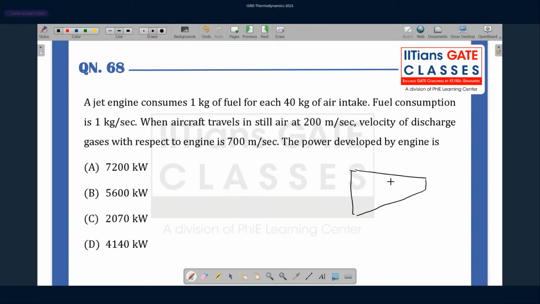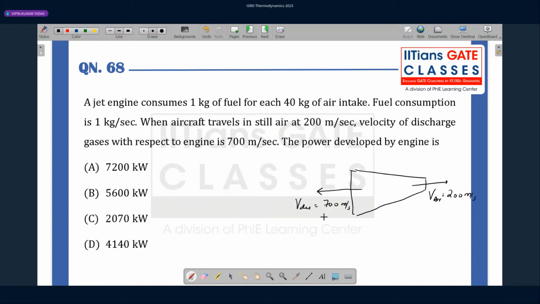This aircraft is traveling at a velocity of 200 meter per second. The velocity of discharge gases, basically the outside gases that are going out, is 700 meter per second. I need to find the power developed by the engine.